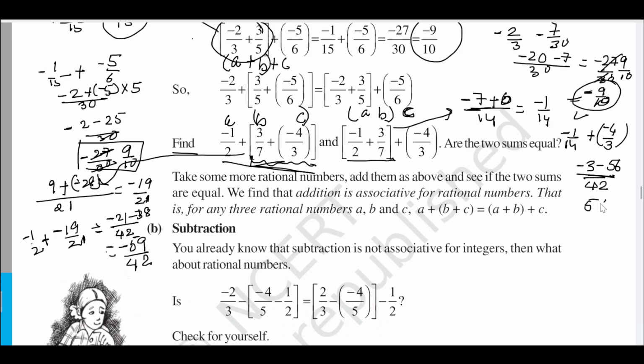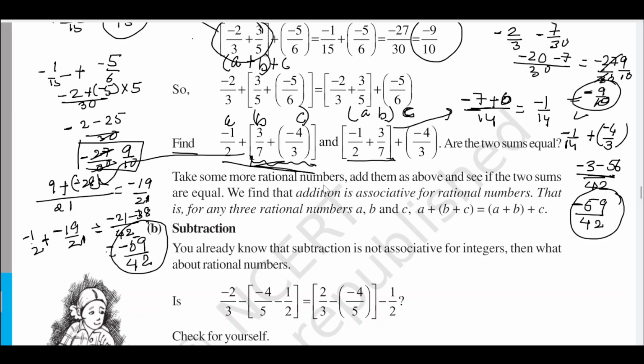So minus 59 by 42. So RHS also we are getting minus 59 by 42, and LHS also we are getting the same, minus 59 by 42. So we can say that addition is following the associativity property in case of rational numbers.